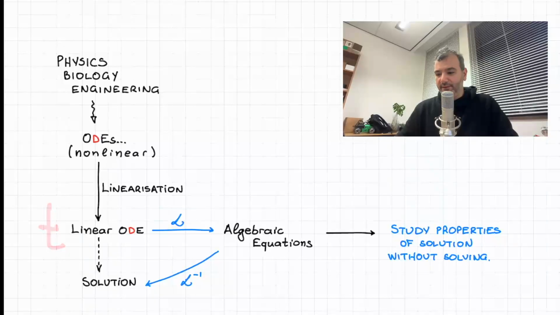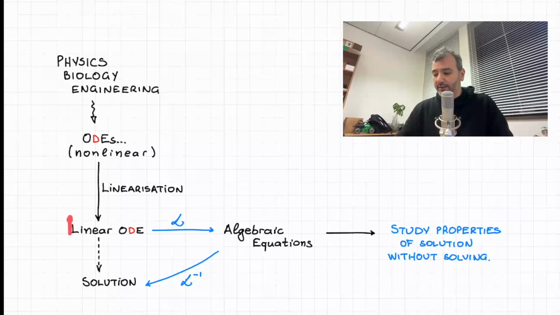But still the thing is that because these are differential, they are difficult to solve. And it's all because of these derivatives you have there, the time derivatives. The Laplace transform allows you to get rid of the derivatives.